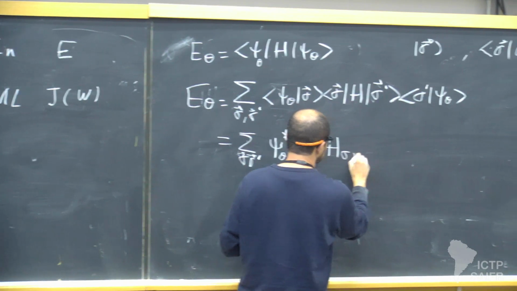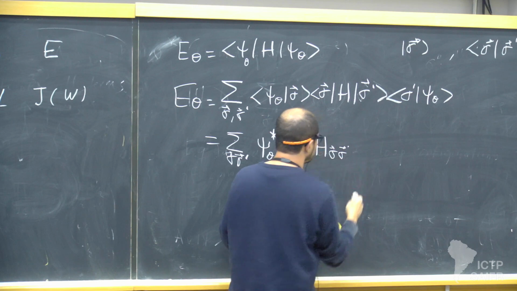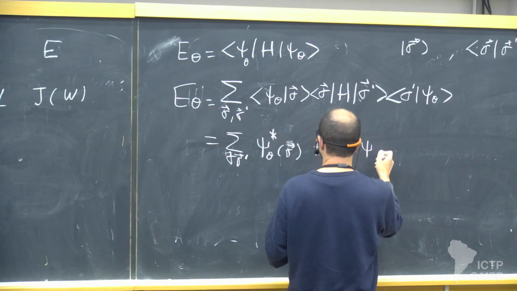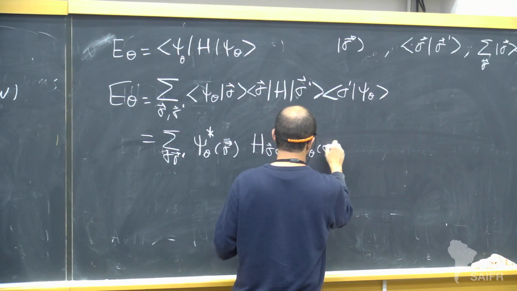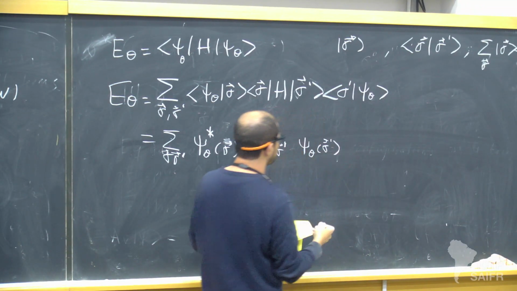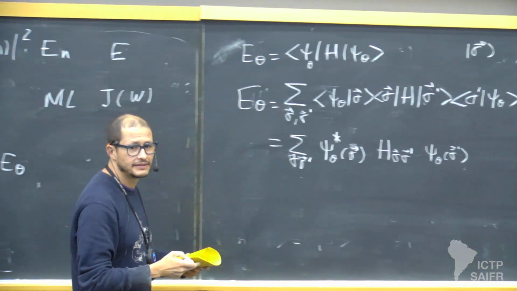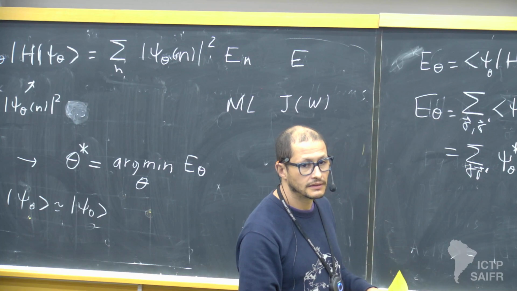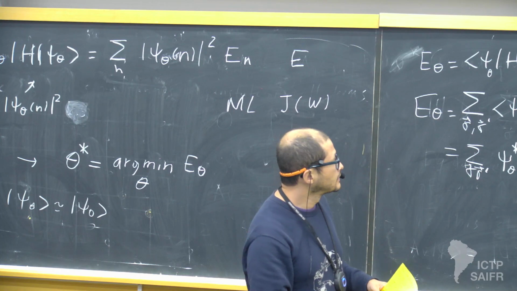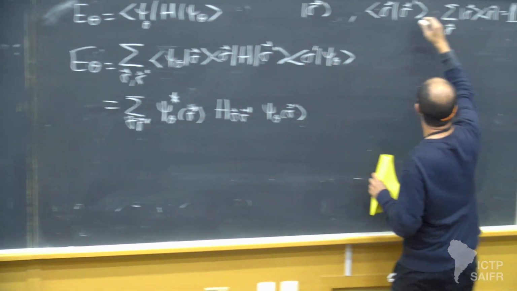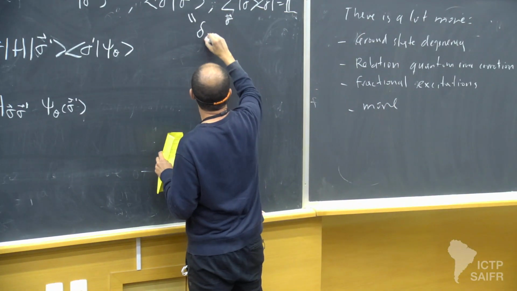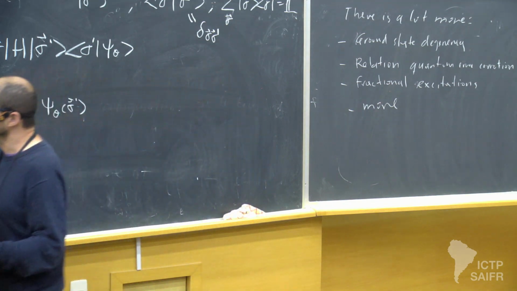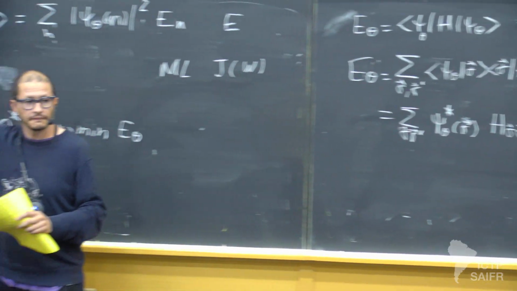These are the elements of the Hamiltonian written in this basis. And then you have the wave function again, now for sigma prime. Same as what we had here.